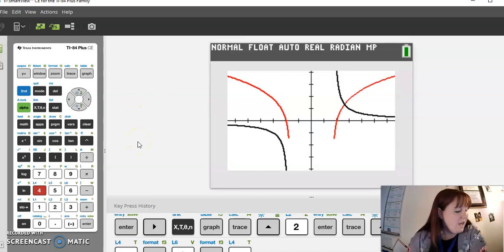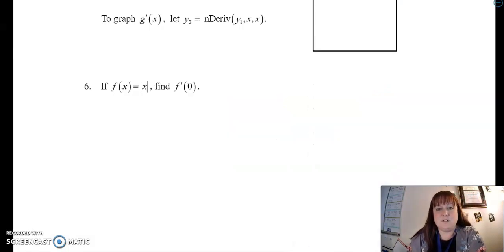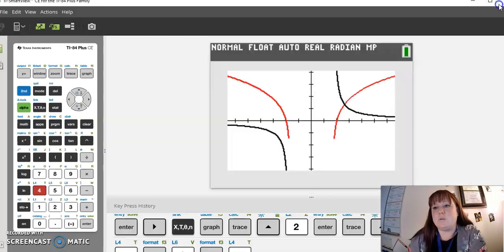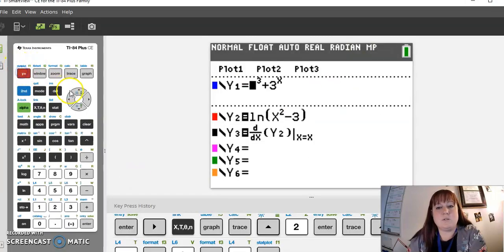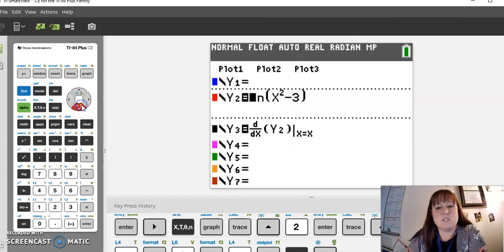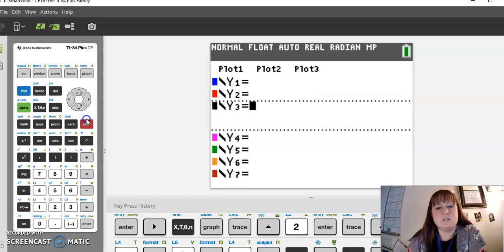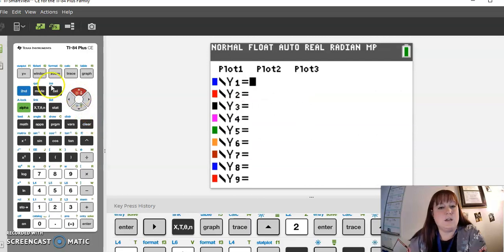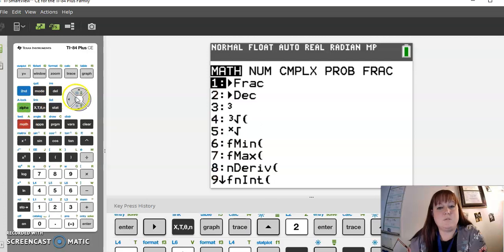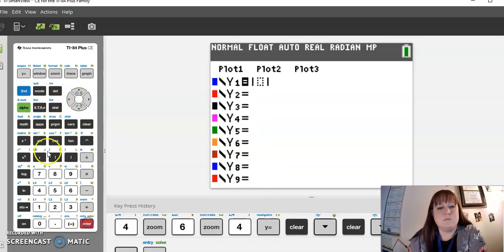Okay, and then the last one asks: if f of x equals absolute value of x, find f prime of 0. So you're like, cool, we're going to go to my calculator, clear out all these functions, and do absolute value of x.